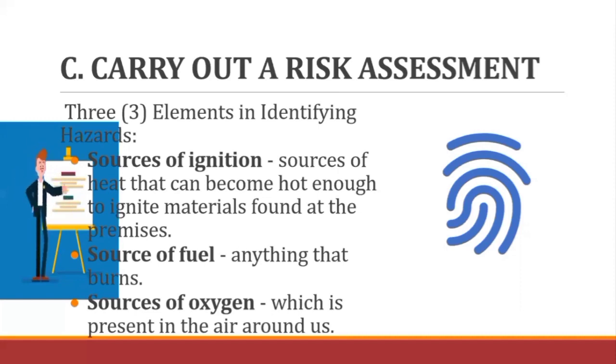Another is sources of fuel, anything that burns, we all know that. And sources of oxygen, which is present in the air around us. Of course, you cannot control air. Yet we can control air, but we cannot stop the movement of air, because the air is already existing in the atmosphere.